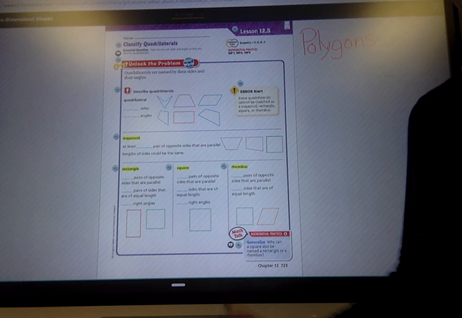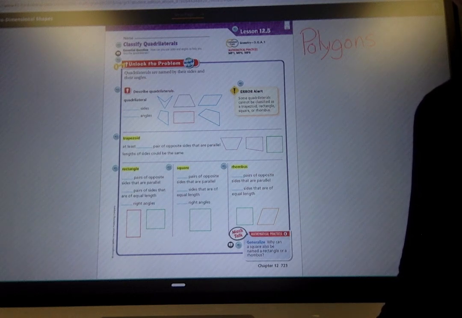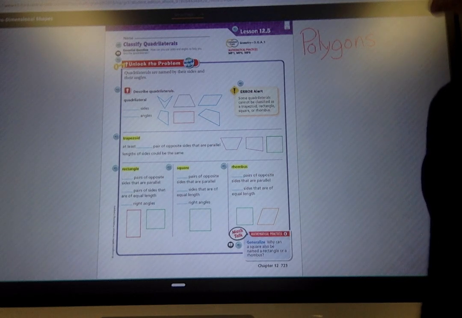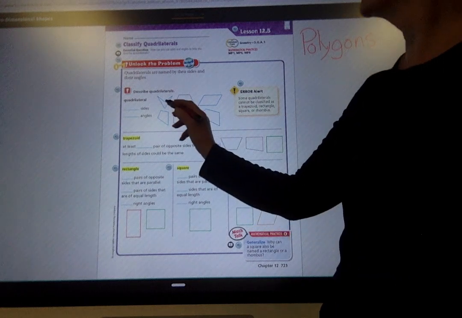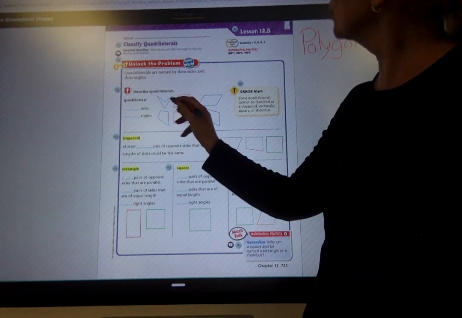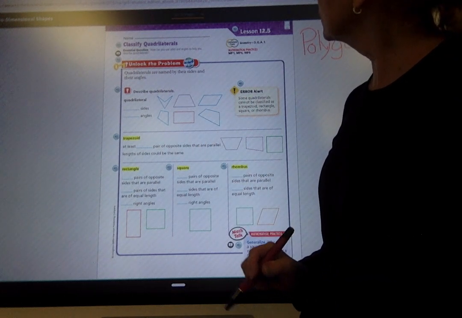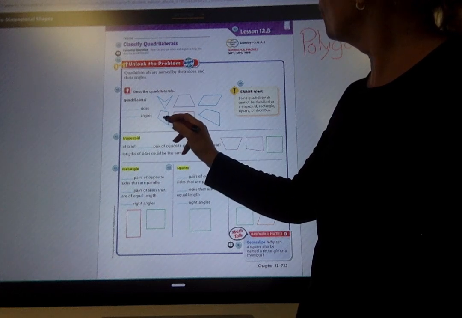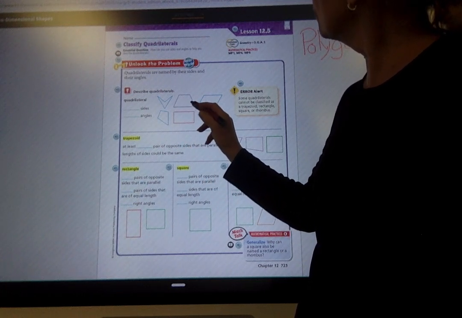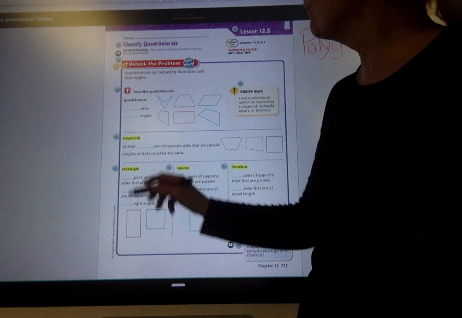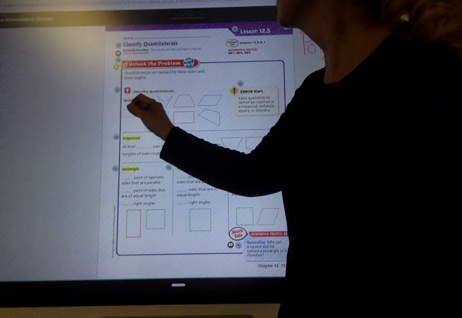Lateral means lines, quad means four. So a quadrilateral has, let's count them, 1, 2, 3, 4 on that one. 1, 2, 3, 4, 1, 2, 3, 4. They each have four sides.